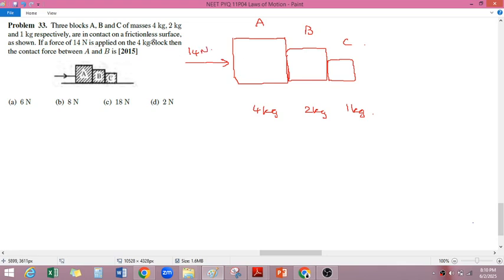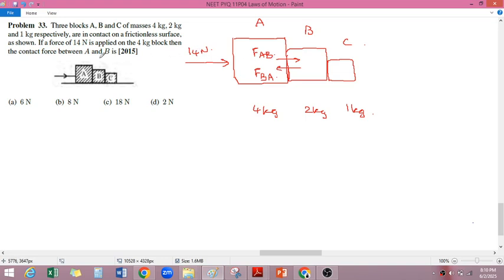So they're asking to find the contact force between A and B. So that means this will go and push this one. But then according to Newton's third law, there will be a contact force like this. So you can call this A to B, and this B to A. You should know that it's equal and opposite.